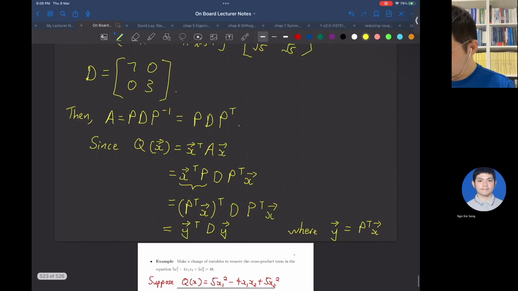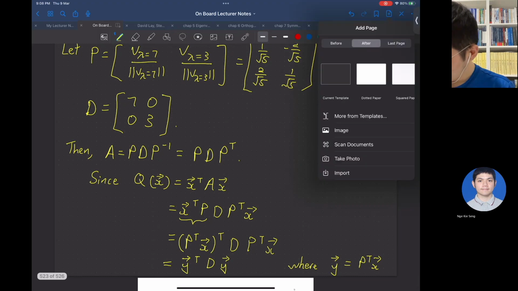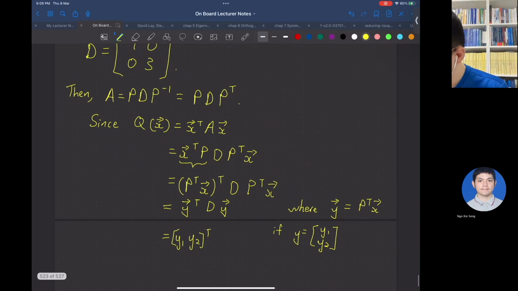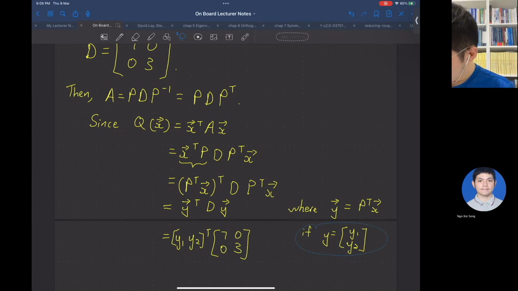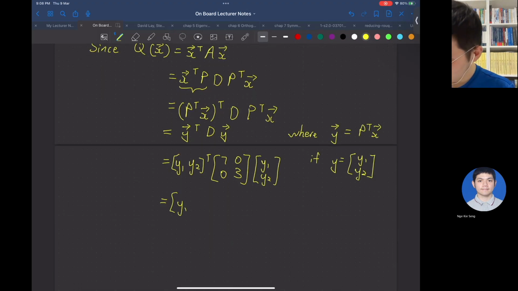So we can see what is the desired result here. So if y equals y1, y2, then what we get is y1, y2 transpose multiplied by D, which is the diagonal matrix, and multiplied by y itself. What do we get? Let's see.